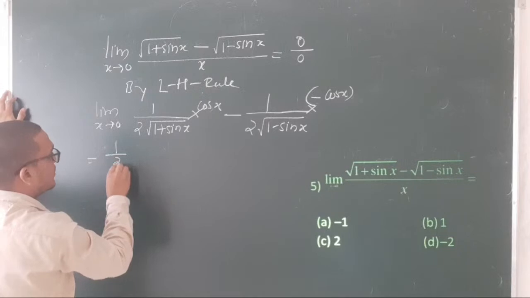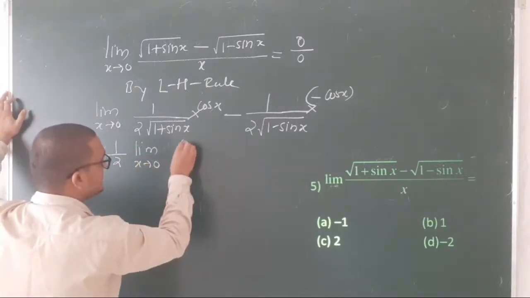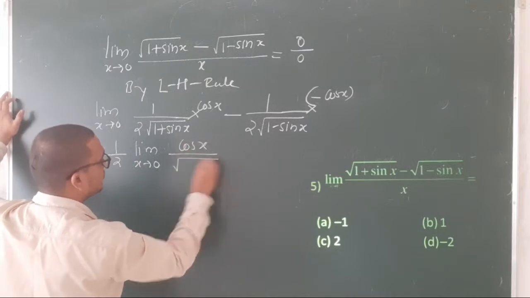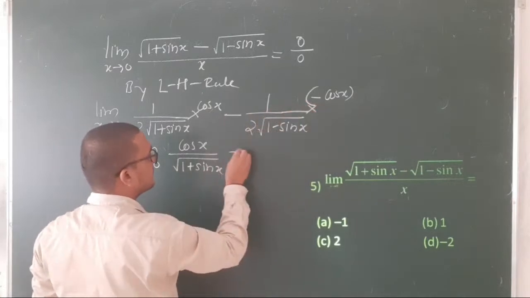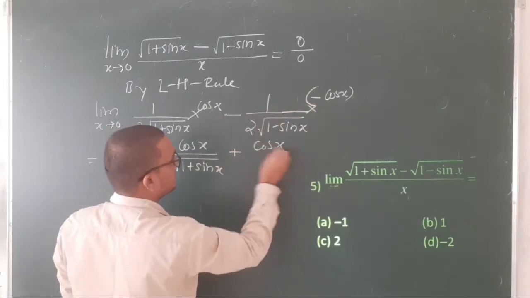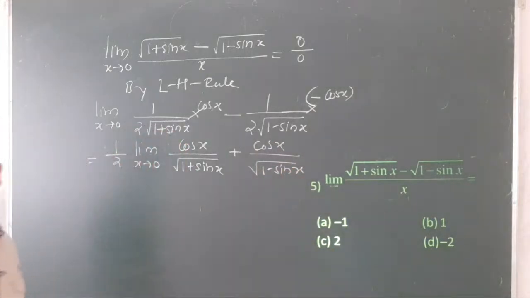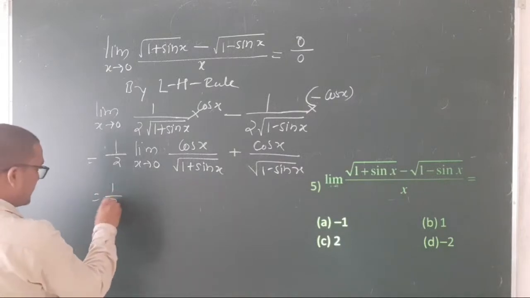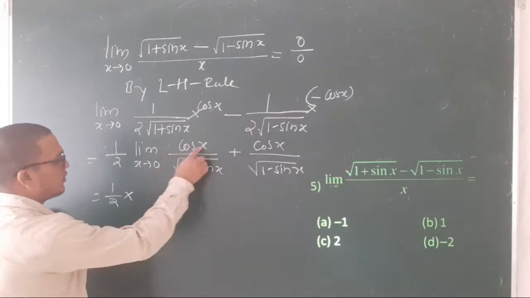Now here you can take out 1 by 2 as common. Limit x tends to 0, what is left? cos x upon root of 1 plus sin x, minus into minus plus, cos x upon root of 1 minus sin x. Then half into, if I substitute the limit, what will happen?